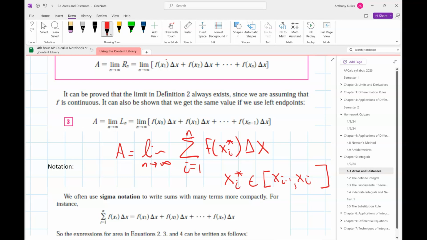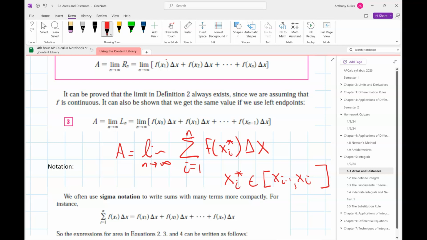So x1 star is any x value from a to x1. x2 star is any x value from x1 to x2. As long as it's in there, that's fine. Any sample point will work, particularly if you're taking infinitely many of these. If they get infinitely thin, it doesn't matter which x value you pick, you'll end up with the same result. It doesn't have to be a left or a right. It could be anything in between, and it's fine.